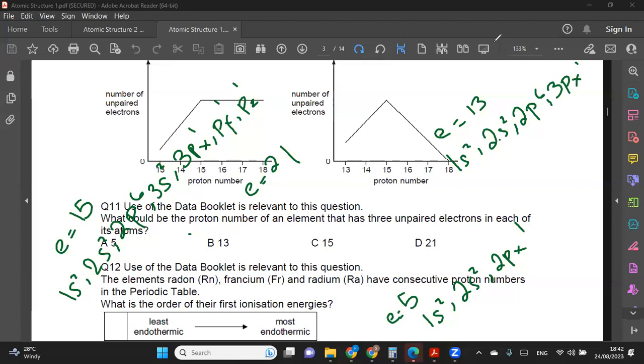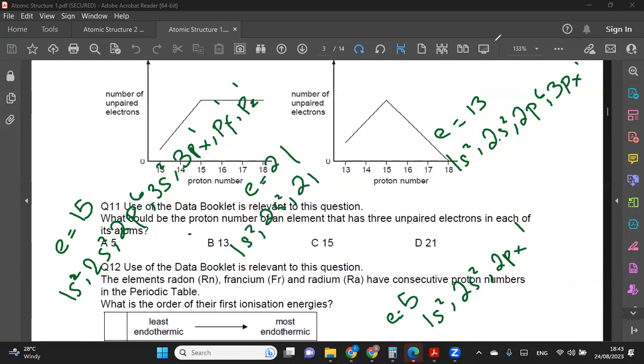Correct. Aruj, for 21 electrons, can you tell me the electronic configuration? 1s2, 2s2, correct.